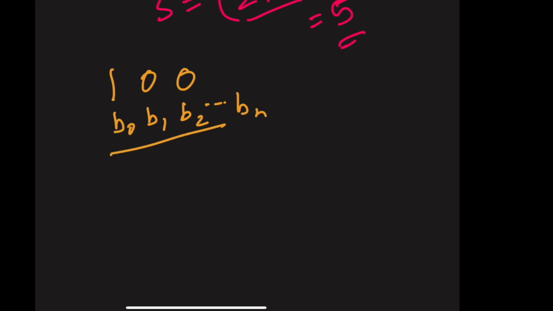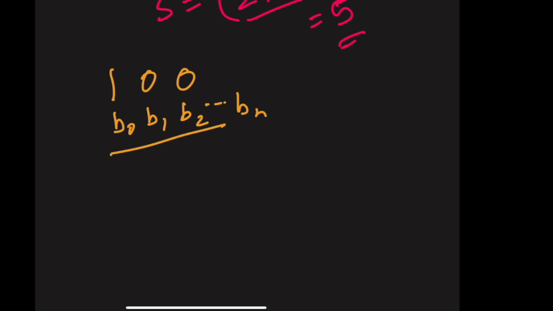So I'll tell you. Suppose 100 is our value. How do we calculate it? Suppose these digits are b0, b1, b2, dot dot dot bn. Usually our digits are like that, right?